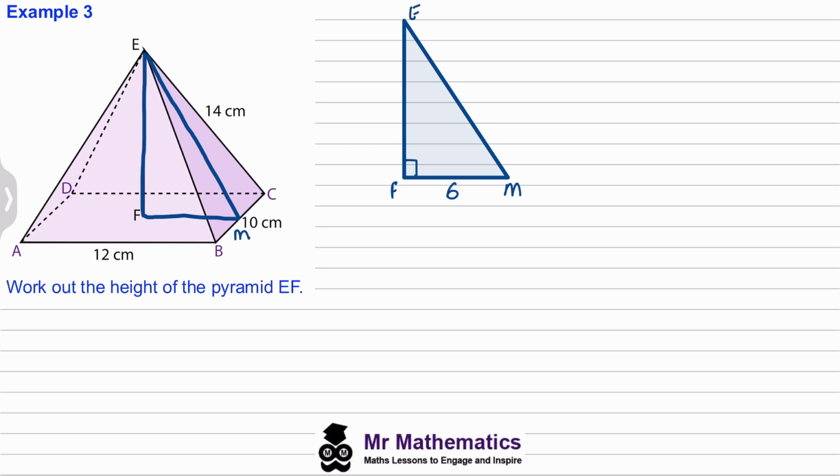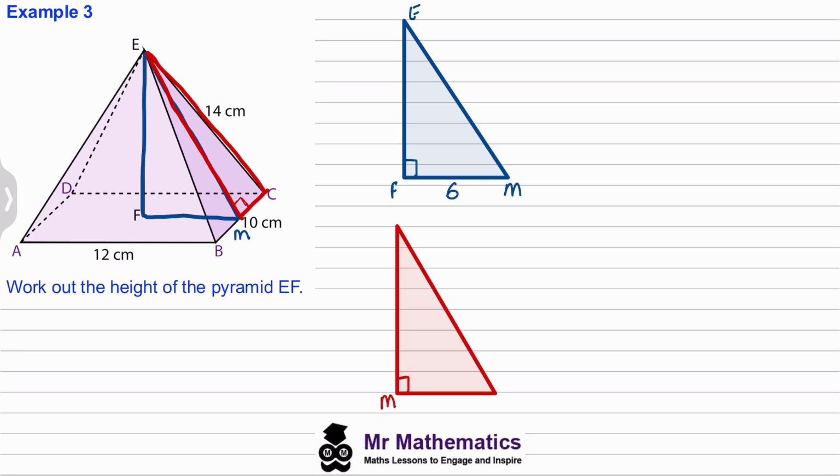What we need to do now is to find this length using another right-angled triangle. If we identify that as E to C, and then from C to M, and E to M, our right angle will be at M, which is here.